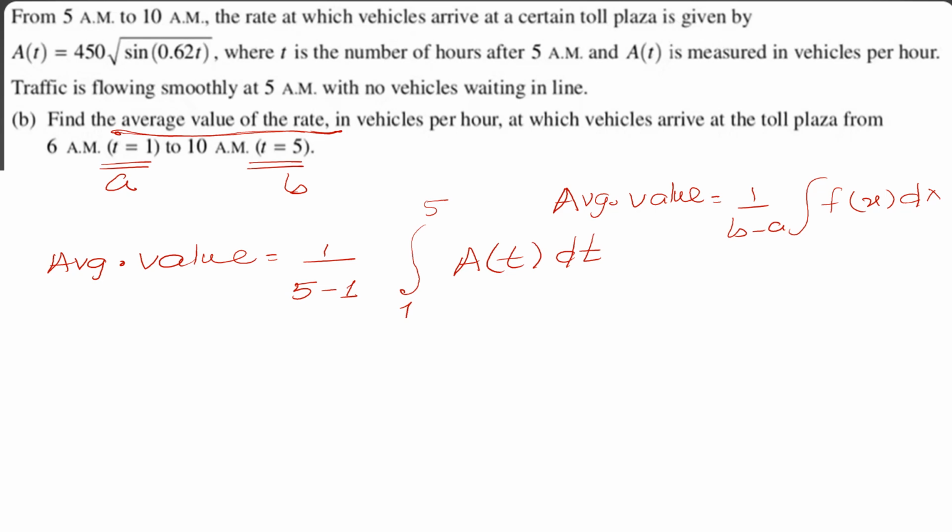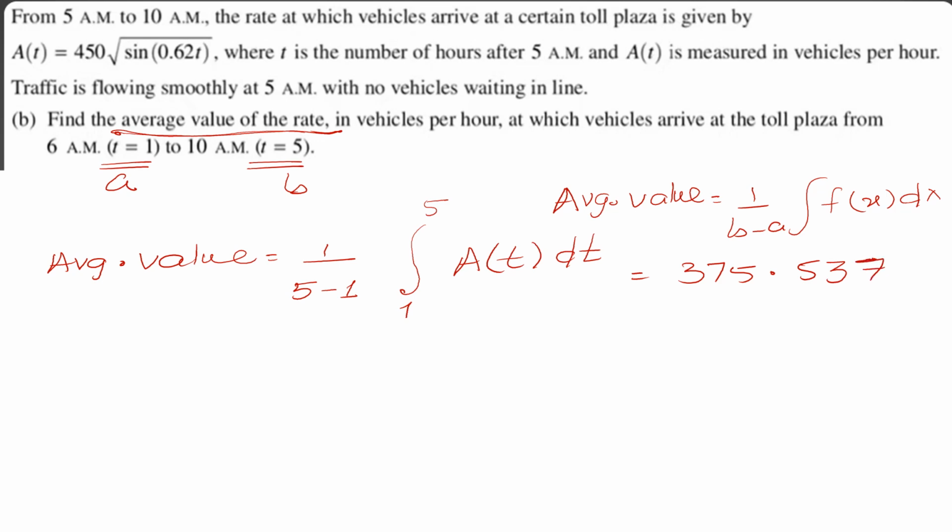Now rather than solving the whole equation, you just write it in the calculator to calculate what will be the average value for the rate of the vehicles per hour. If you write it down in the calculator, you will definitely get 375.537, or 5369.